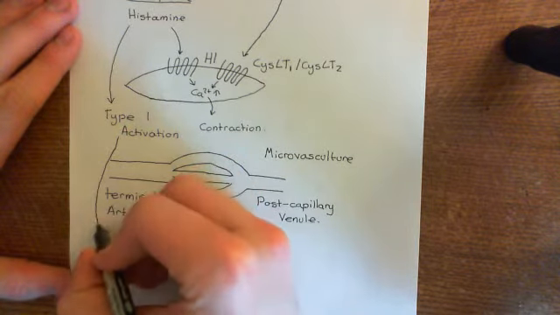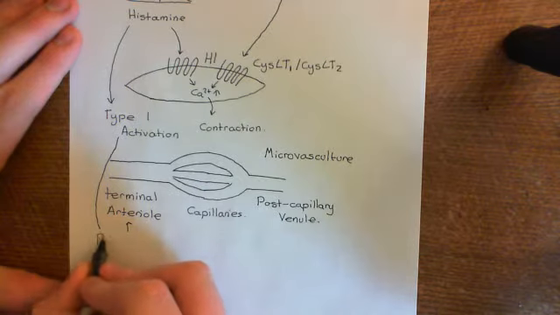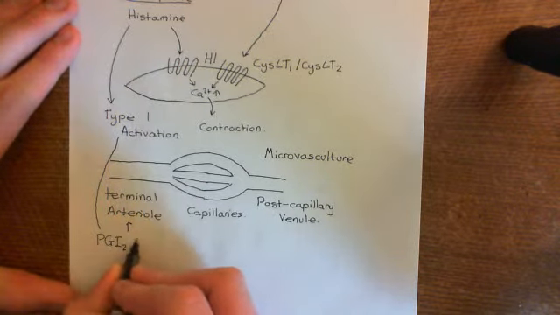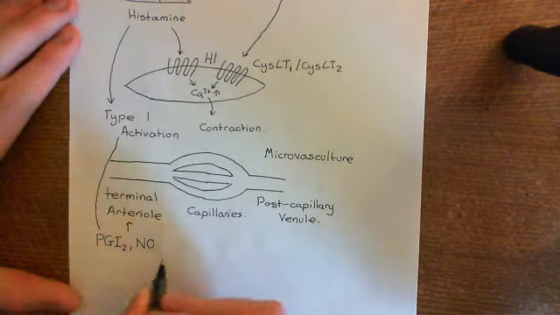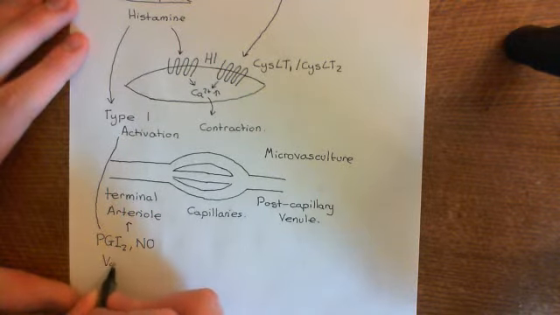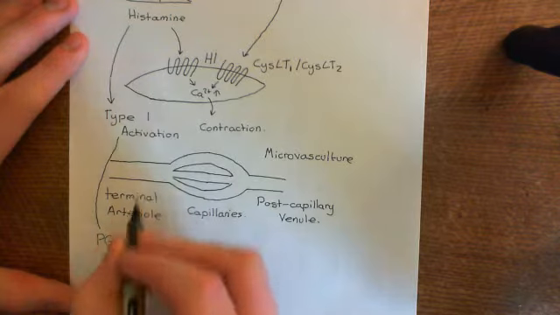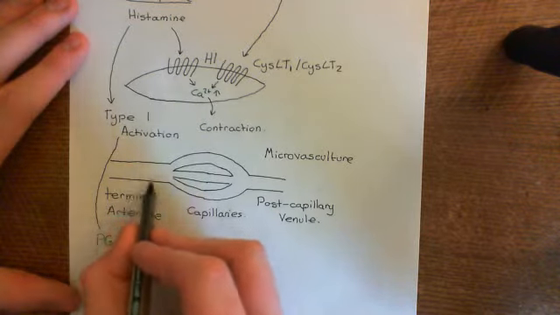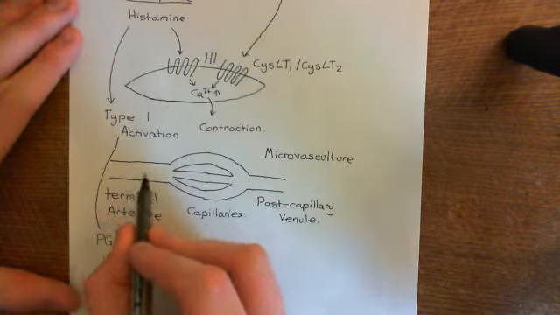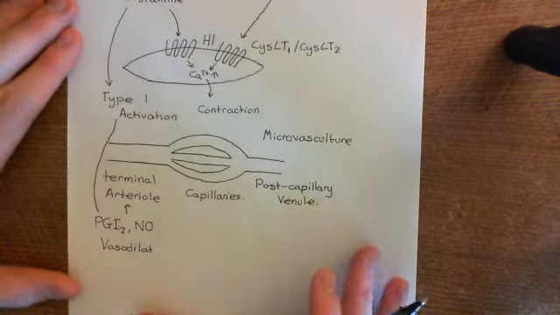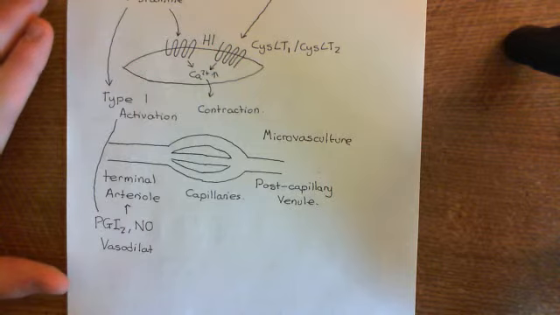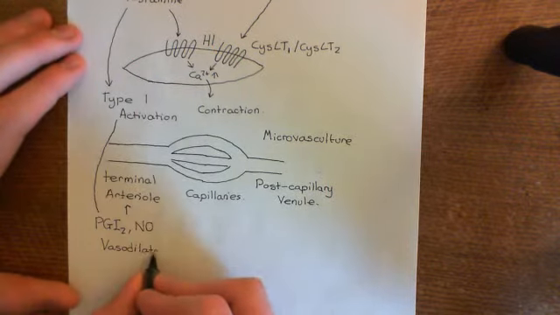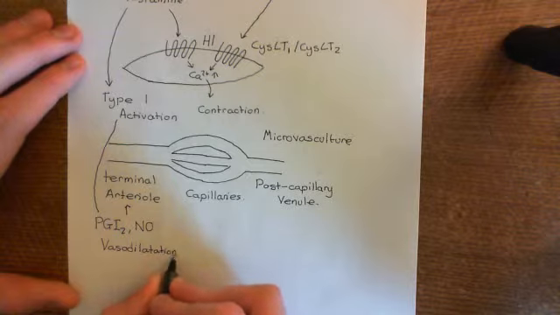They're going to start producing things like prostacyclin, prostaglandin I2, and they're also going to start producing things like nitric oxide, and these will cause vasodilatation of the terminal arterioles, because they will diffuse back to the smooth muscle cells that surround the terminal arteriole, okay, and they'll cause relaxation of those smooth muscle cells, and that will dilate the terminal arterioles. So you'll get vasodilatation, okay.